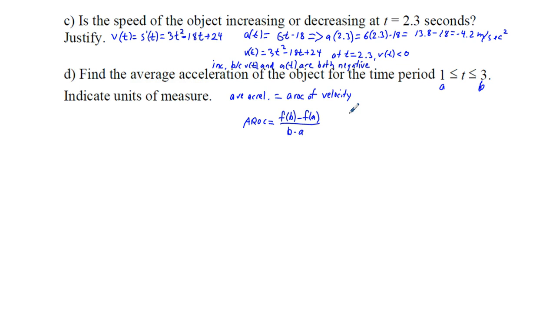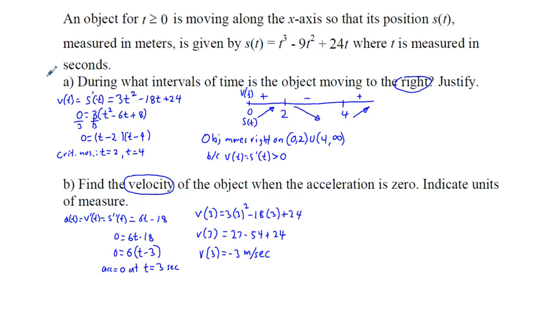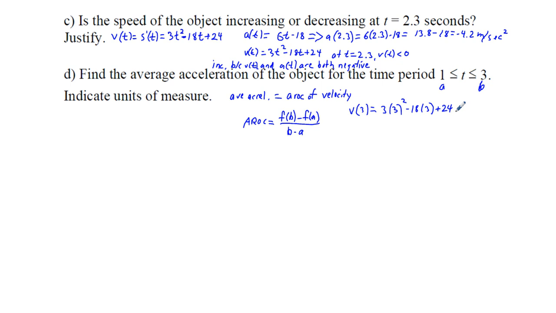So we're going to find first v of 3, and using the velocity equation, we're going to have 3 times 3 squared minus 18 times 3 plus 24. And we already worked this out over here earlier, right? Negative 3 meters per second.